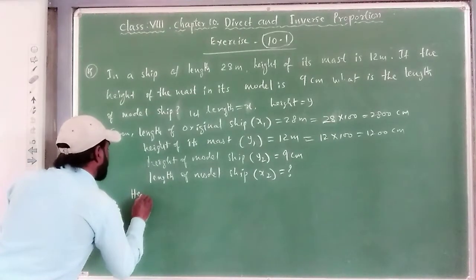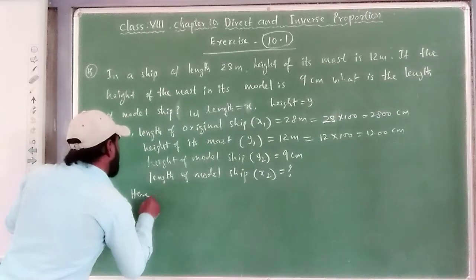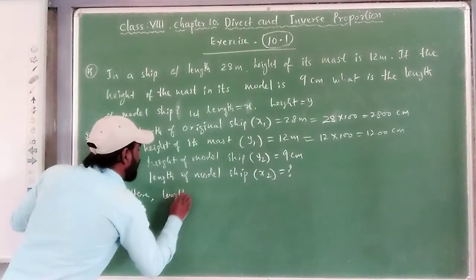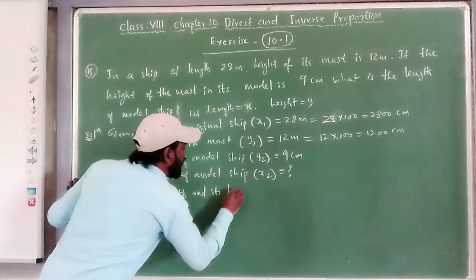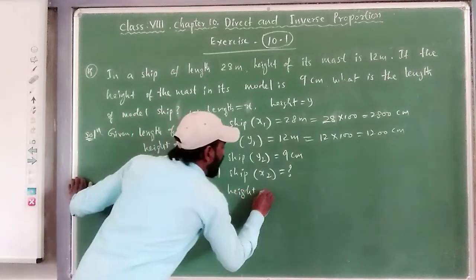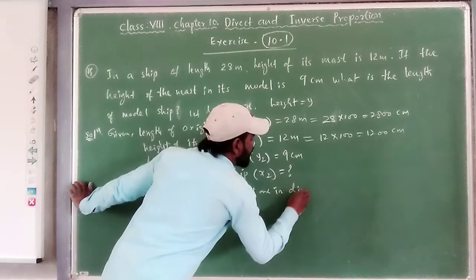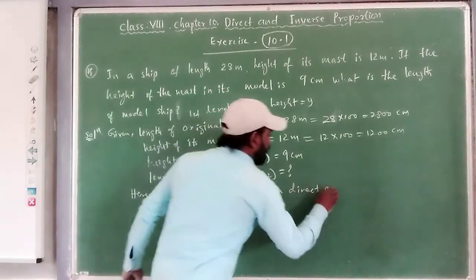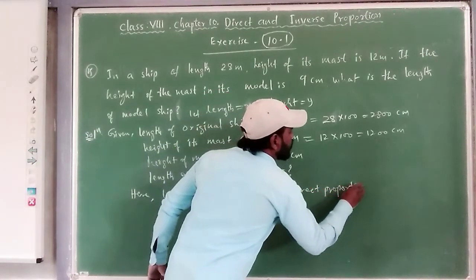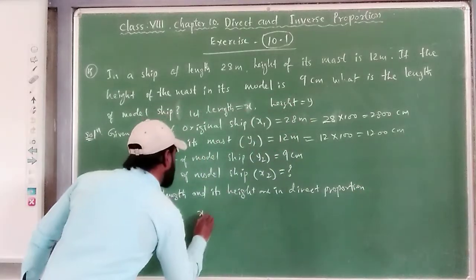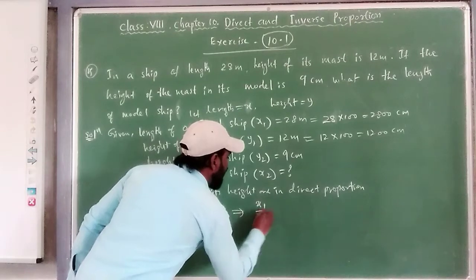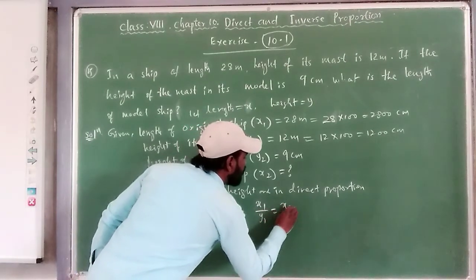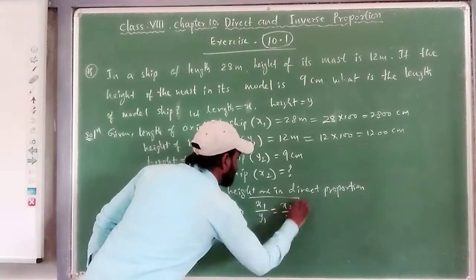Here length and its height are in direct proportion, so x is directly proportional to y. So the formula is x1 by y1 is equal to x2 by y2.